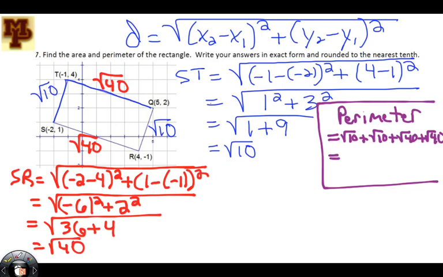Okay. This is about 18.97. So it's about 19. So it's about 19.0 units.